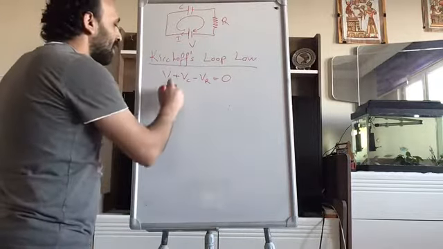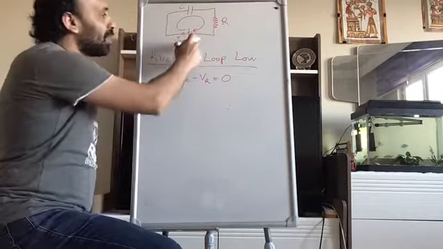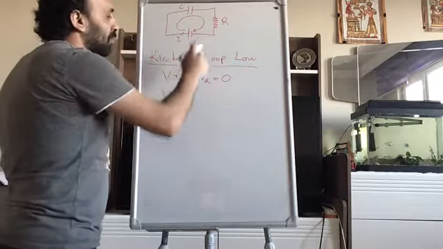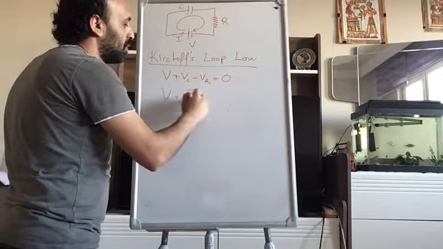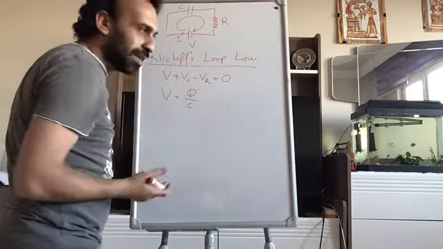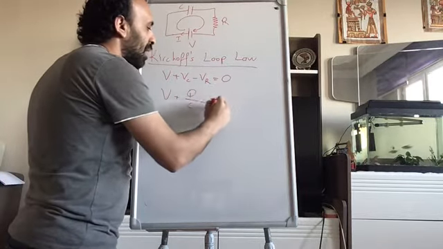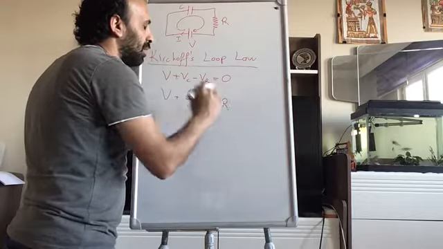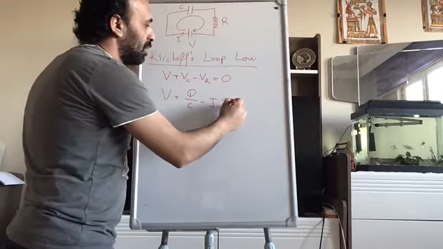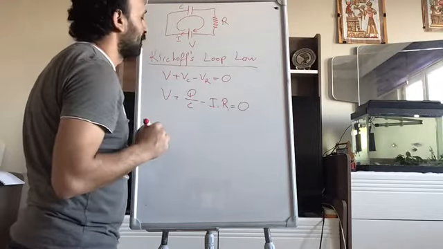So V is provided by the power supply, plus for Vc I can write Q over C, and Q is I times T, the current times time, and minus I times R will be equal to 0.